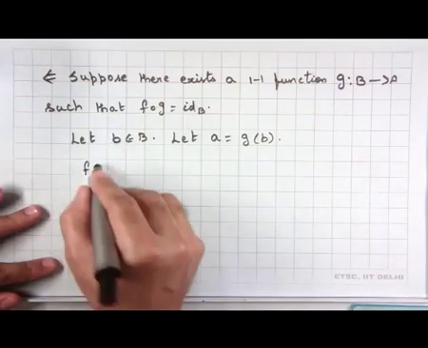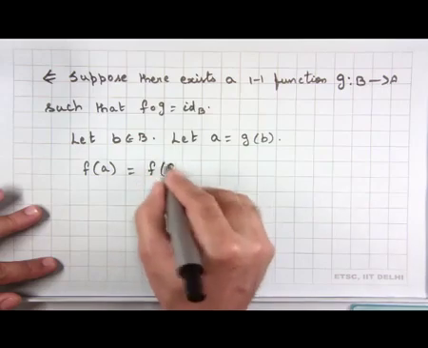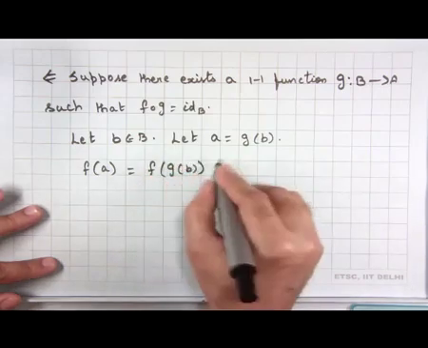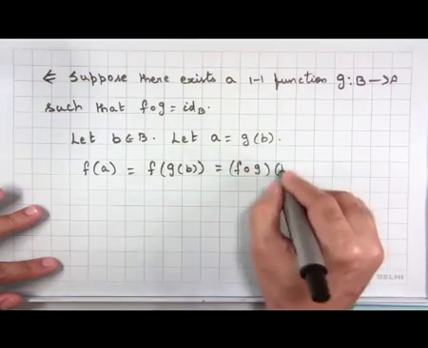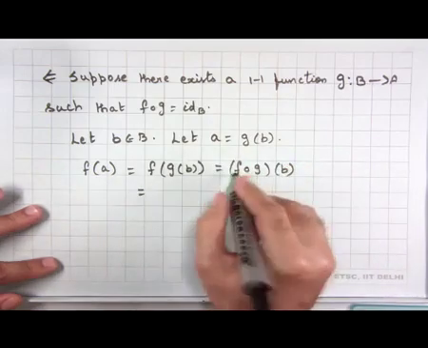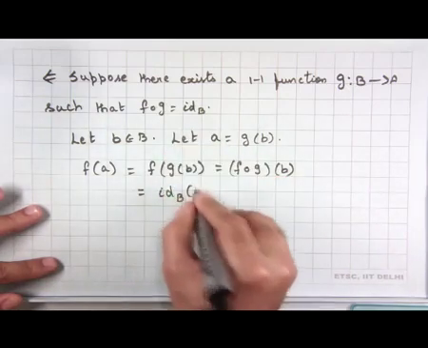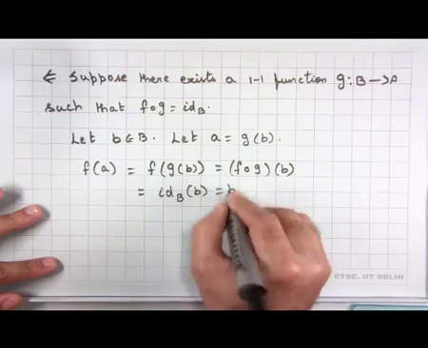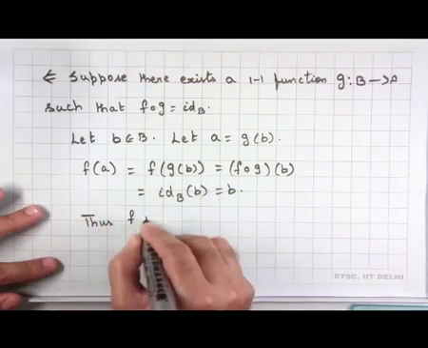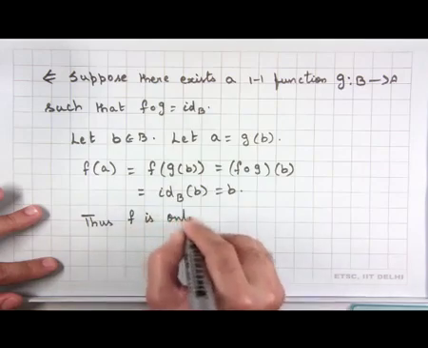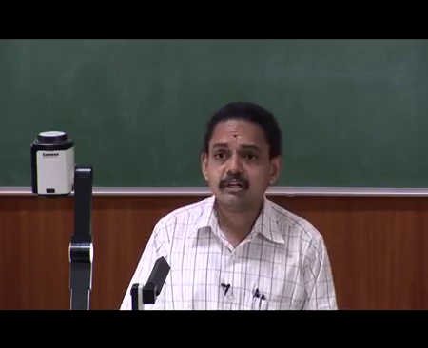Therefore, f of a is f of g of b, which is f composed with g at b. But f composed with g is the identity function, which gives exactly b. Thus, f is onto.